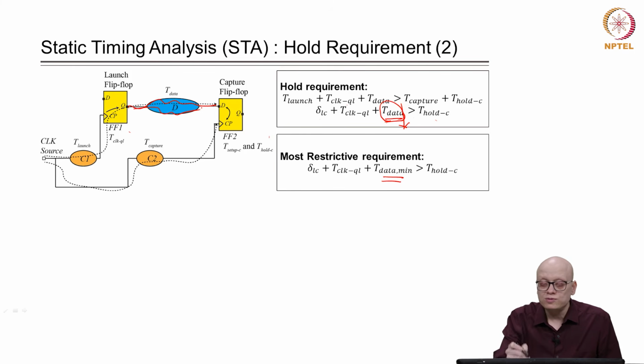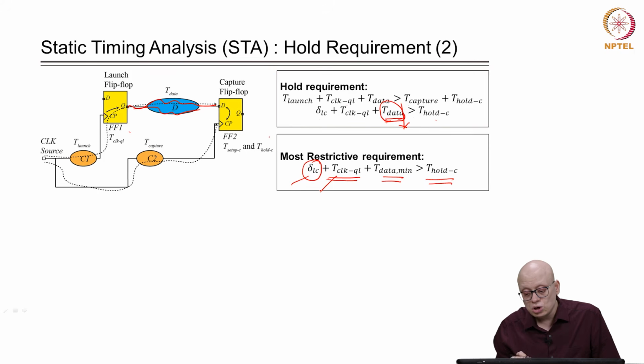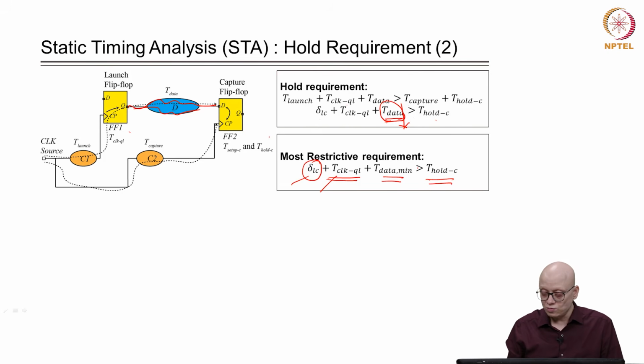Similarly, if due to PVT variations the clock skew is changing, or the clock to Q delay is changing, or the hold time is changing, then for clock skew and clock to Q delay we should take the minimum value, and for the hold time we should take the maximum value, because then this constraint is most likely to fail.